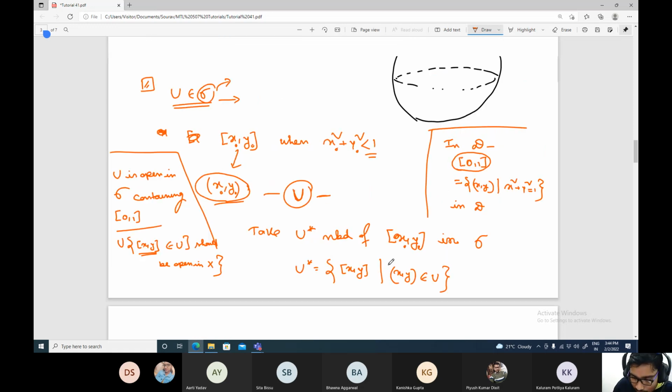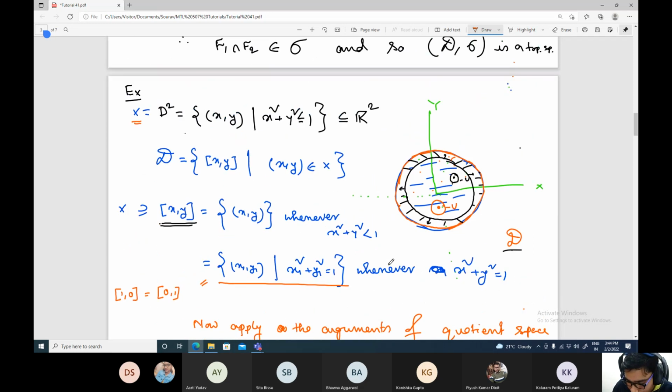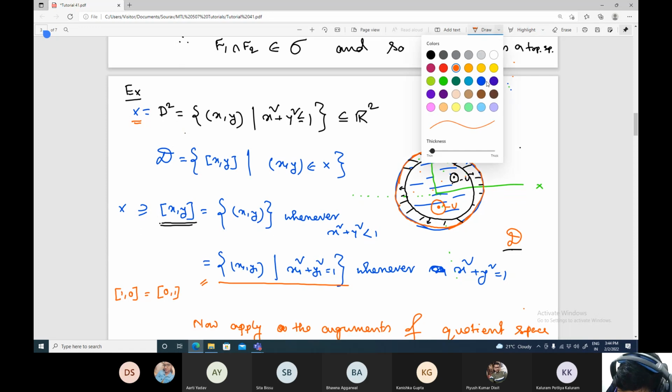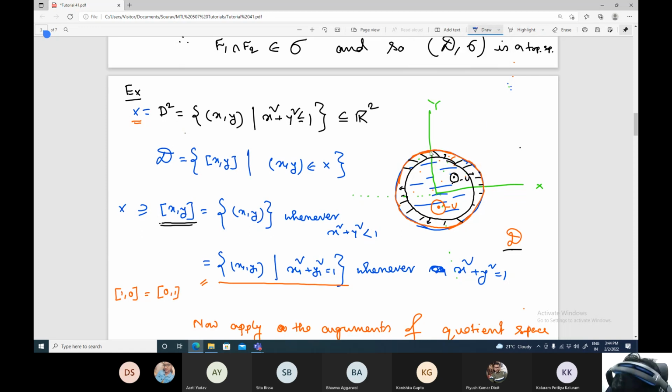Now come to the picture. So here is our (0, 1). Let me take a different color.